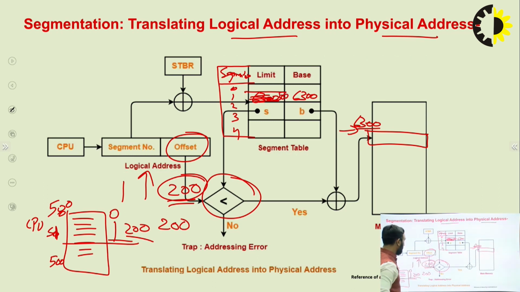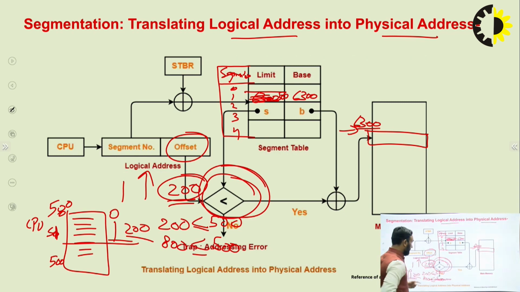So it will check whether the offset is less than or equal to this limit, and that's fine. If for example the offset is 800, it will be compared with 500, and the trap finds that this is not an address of segment 1, it may lie in another segment.